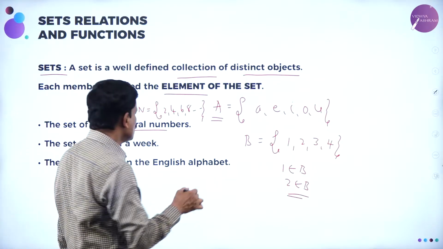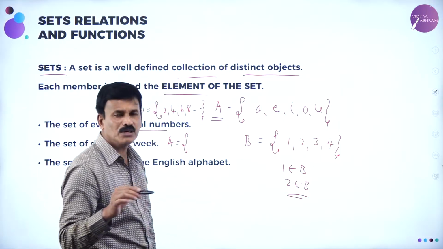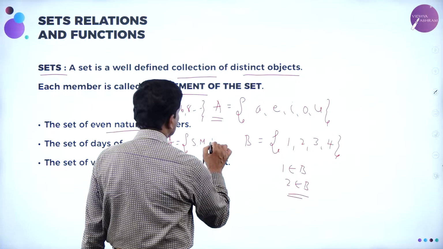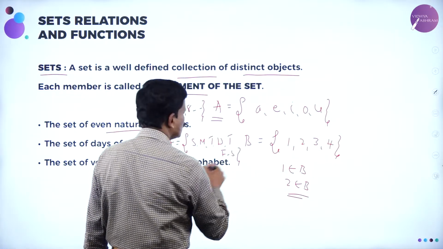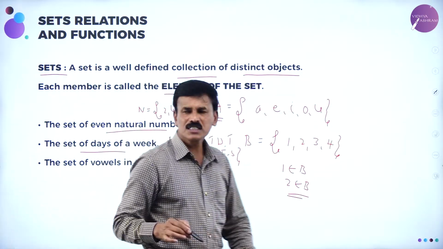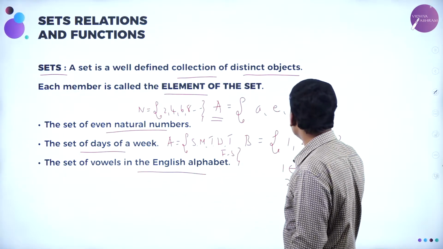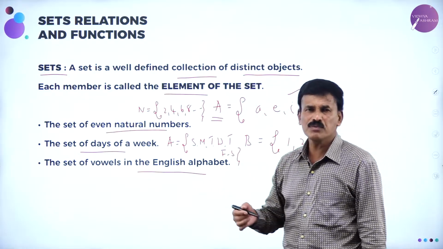The set of all the days, that is Sunday, Monday, Tuesday, Wednesday, Thursday, Friday and Saturday, comes under this set. Similarly, the set of vowels in the English alphabet, that is nothing but A, E, I, O, U. These are all examples of sets.